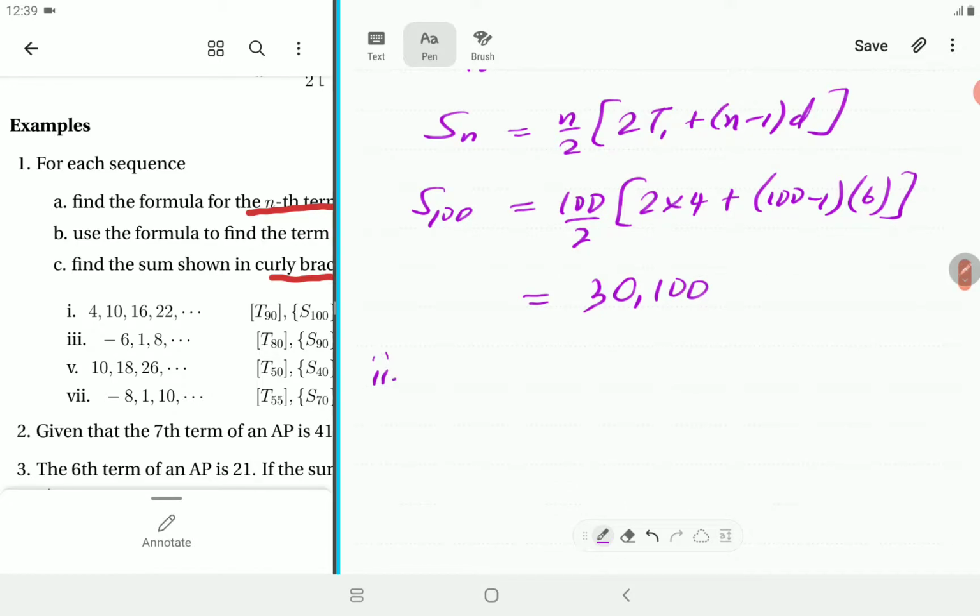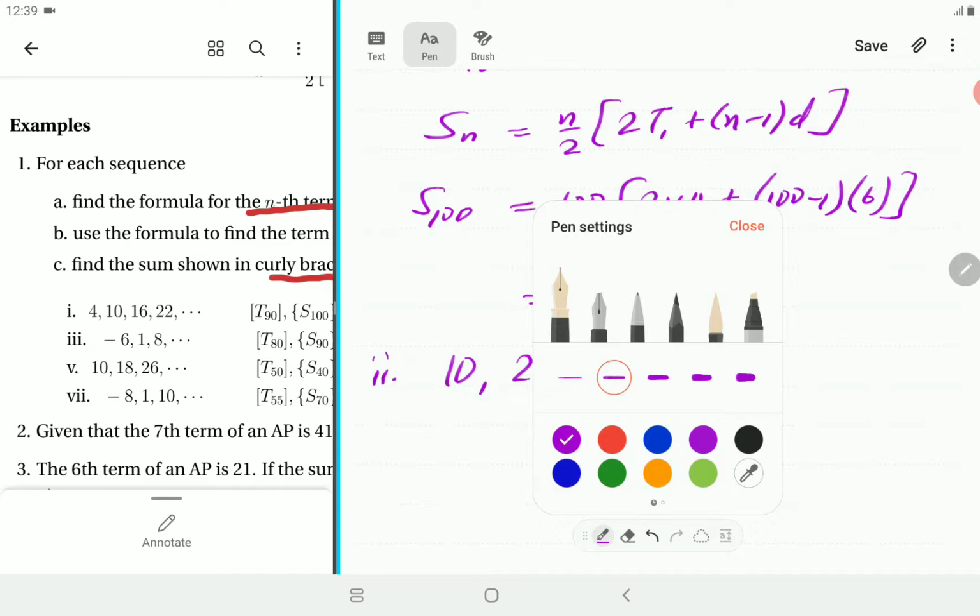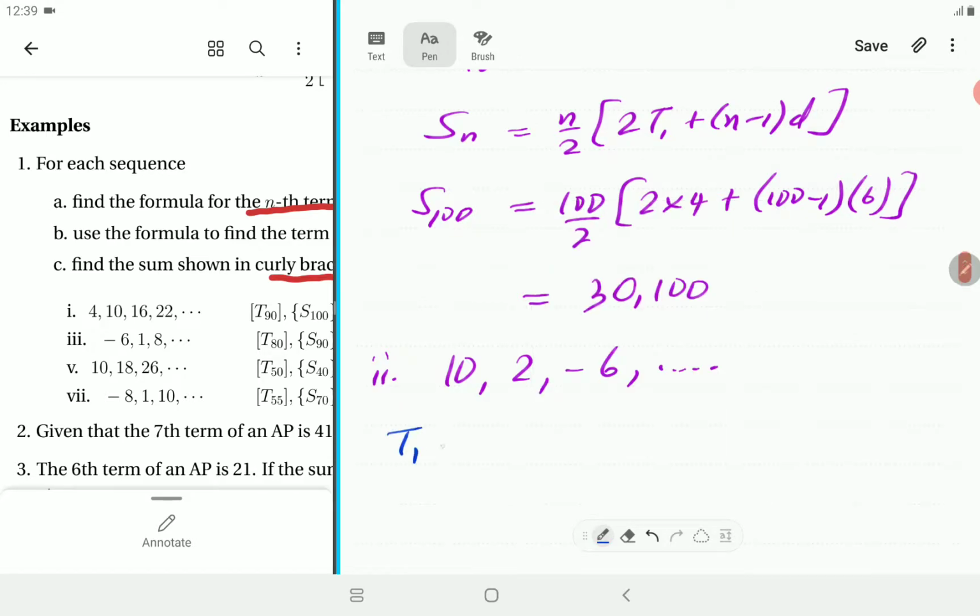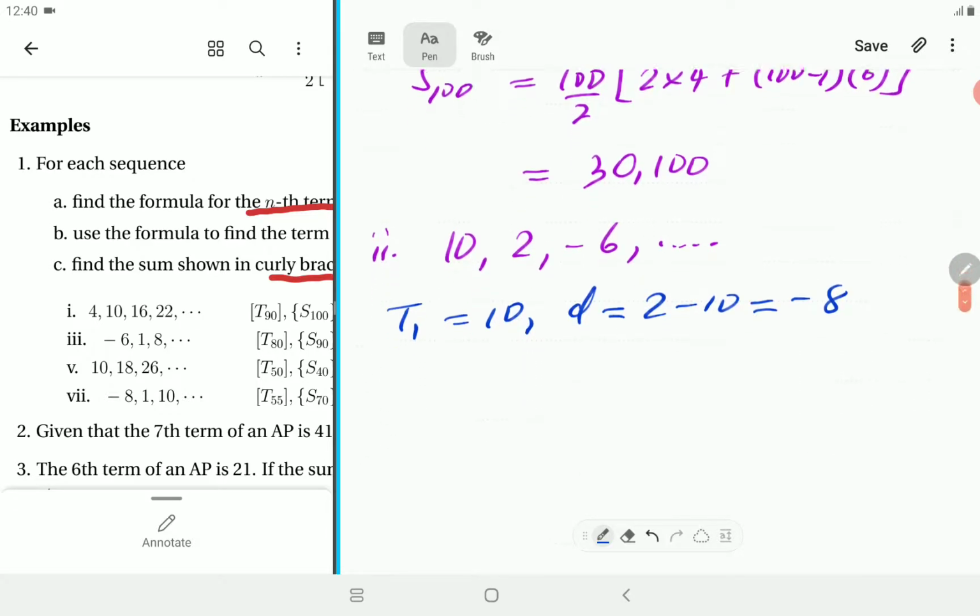In part 2, we are given the first 3 terms of an arithmetic sequence as 10, 2, and minus 6. So that means T1 is 10 here. D is going to be 2 minus 10. So D is negative 8.